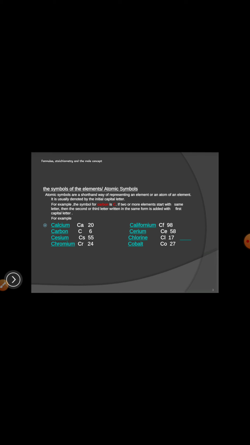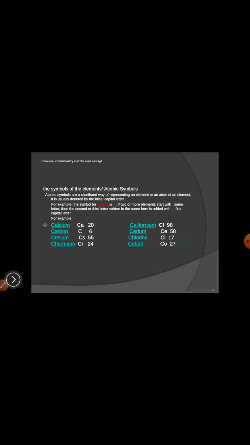If all these elements were written with only C, it would not be possible to understand. So we have added another letter in small form so that we can distinguish different elements with the same first letter. For example, calcium is Ca, carbon only C, cesium Cs, chromium Cr.